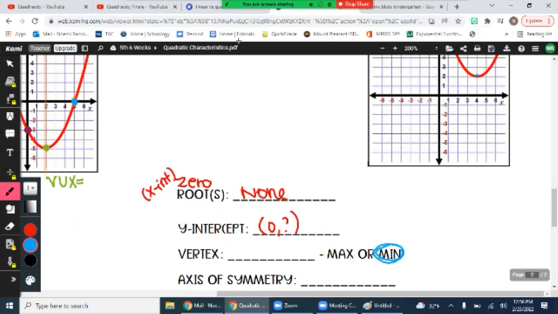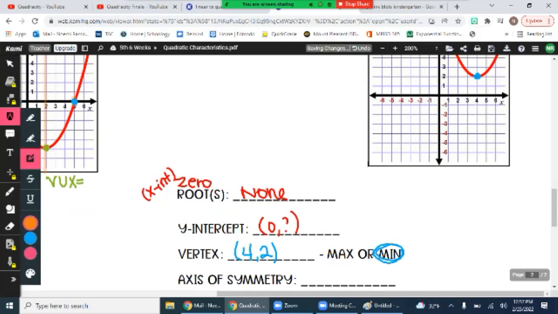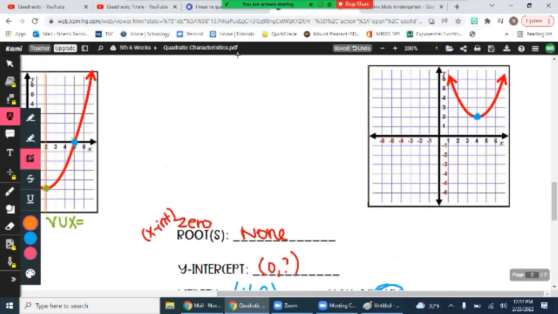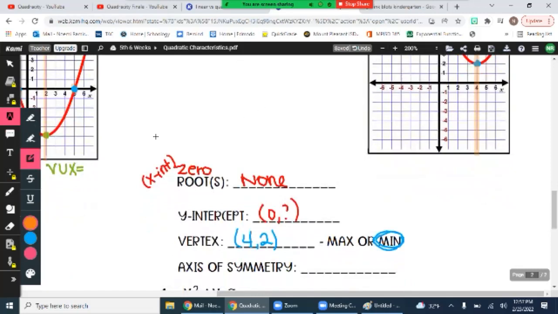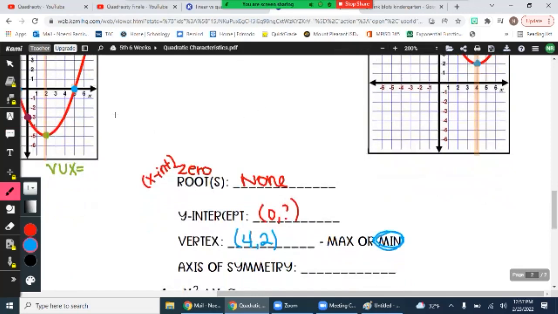What is that low point? 4, 2. Okay. Use your highlighter. Go ahead and split that in half. When we split it in half, what are we creating? The axis of symmetry. And it's going through what number? So it's x equals. Does it match with my vertex? Yes.